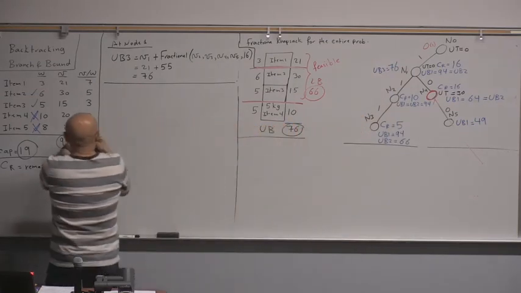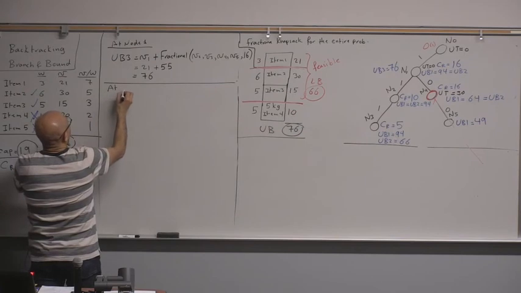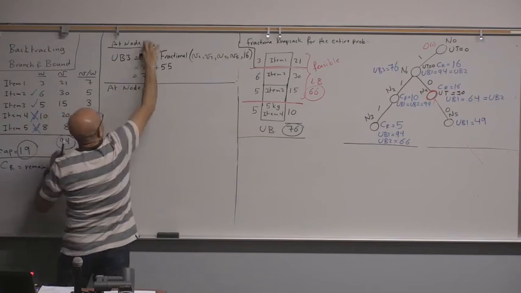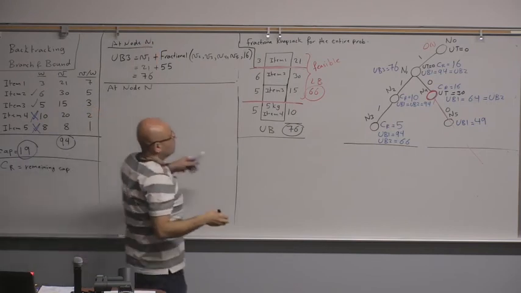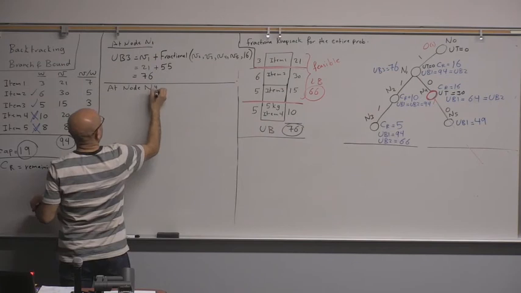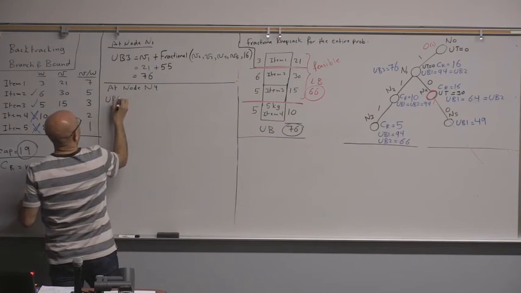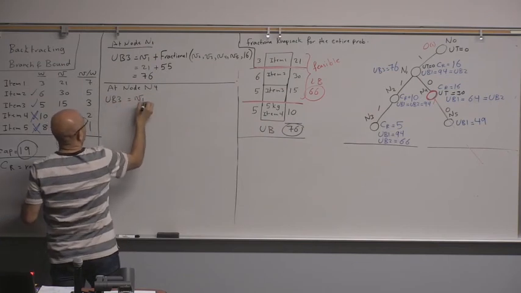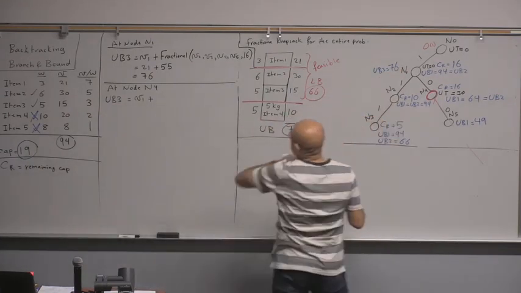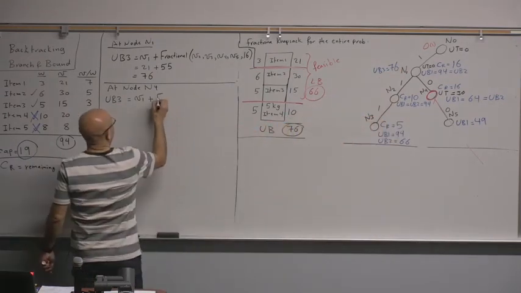Okay, now at node n4, upper bound 3 equals the value of v1, because we have decided to take v1, plus fractional of what?